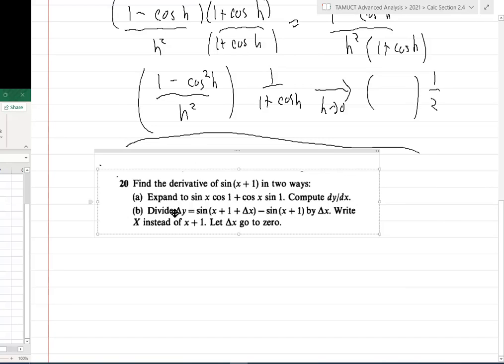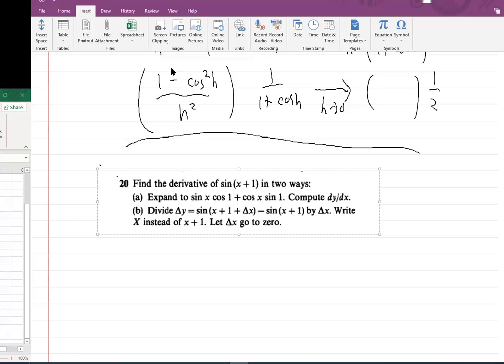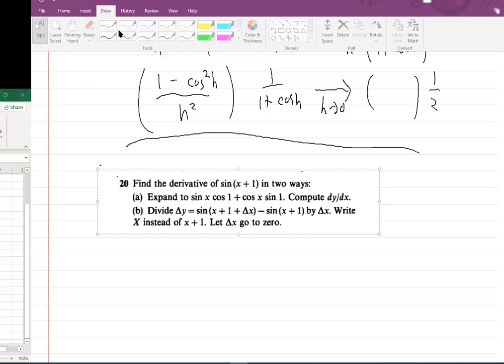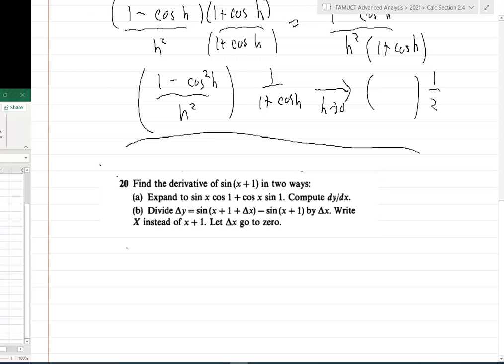Here it says divide delta y, sine of x plus 1 plus delta x minus sine of x plus 1, divide by delta x. And then he says write capital X instead of x plus 1. So let's do that. Okay? So we have sine of x plus 1 plus delta x minus sine of x plus 1, divided by delta x.